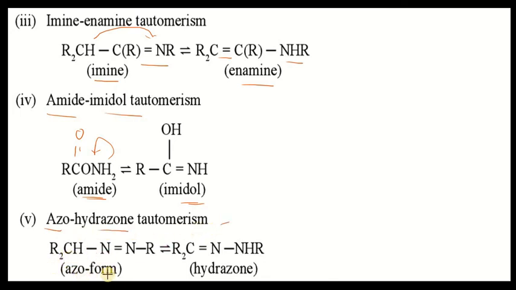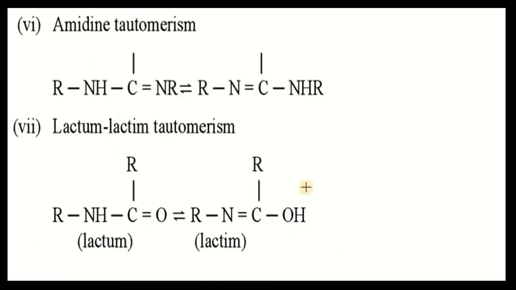This is azo form. The nitrogen-nitrogen double bond is there. And we have hydrazone. That means this hydrogen in a triad system went here, like this. These are the examples.